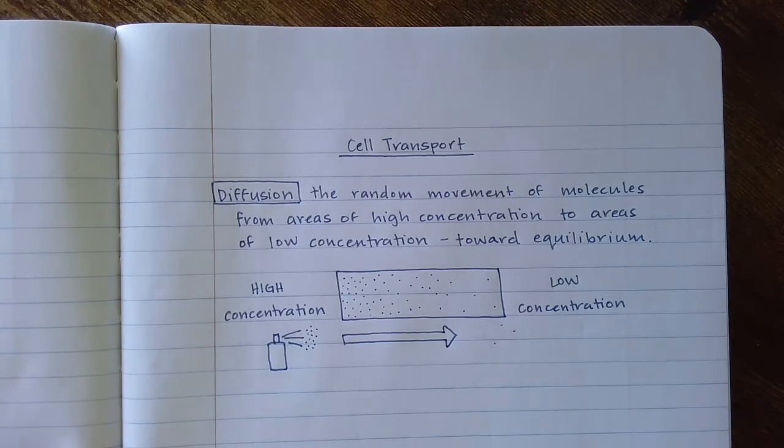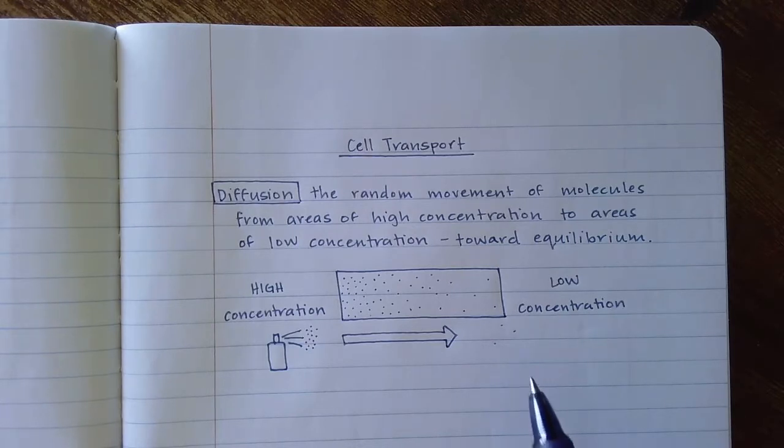Now, because the molecules move randomly, we know that some of these molecules are actually going to stay closer to the can, and some of them might even move this direction. But overall, the net movement is going to be from high to low because these molecules are going to try to become evenly spaced.